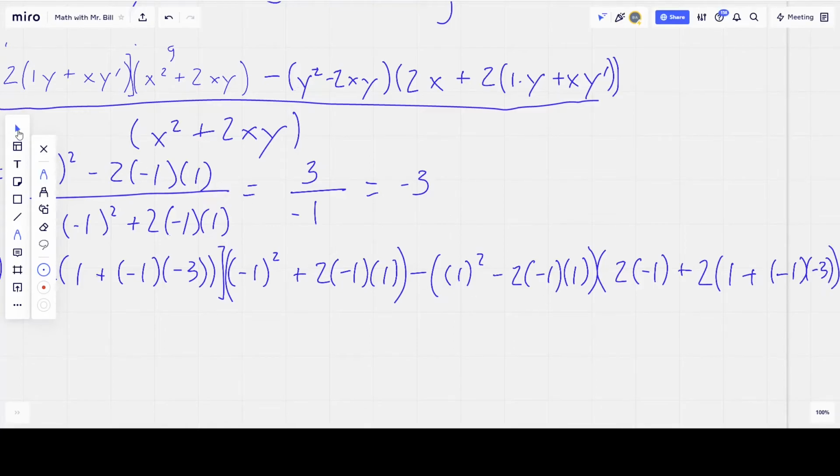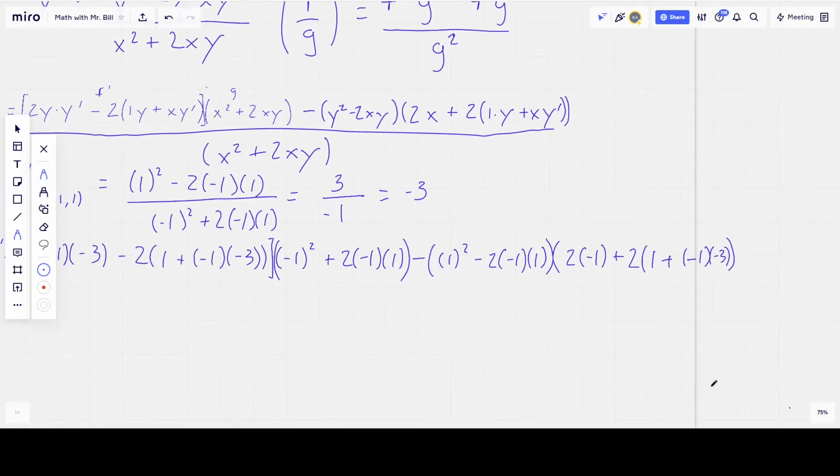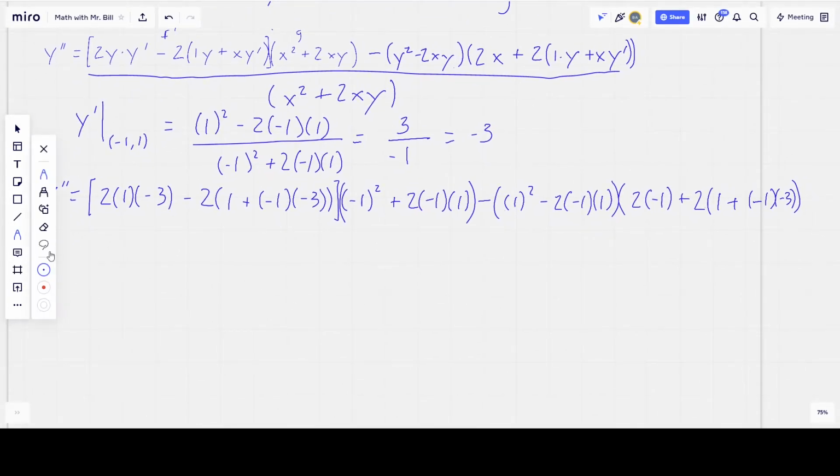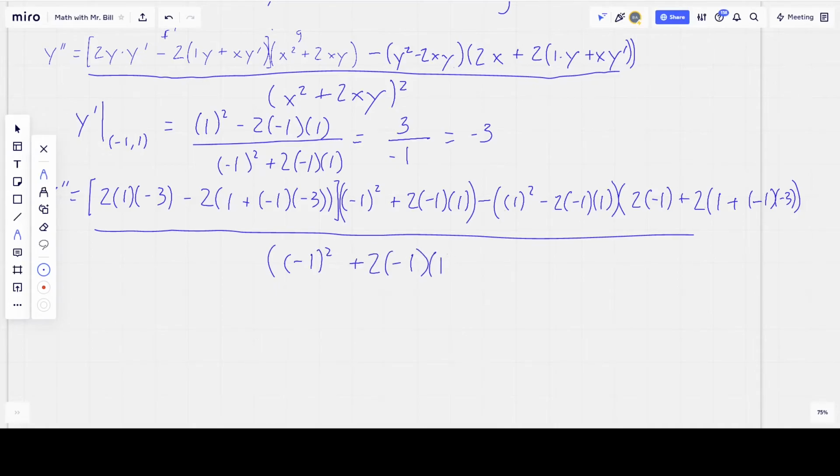Okay. Let's make this smaller here so we can see everything. It's more of an exercise of keeping track of everything than anything else. All over the bottom squared. So then we get negative 1 squared plus 2 times negative 1 times 1.